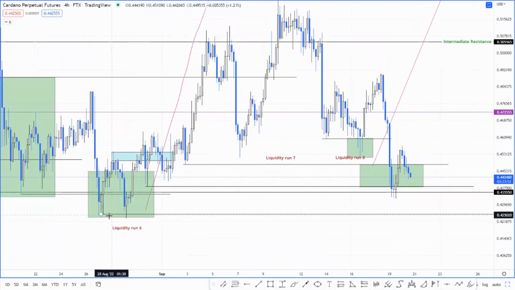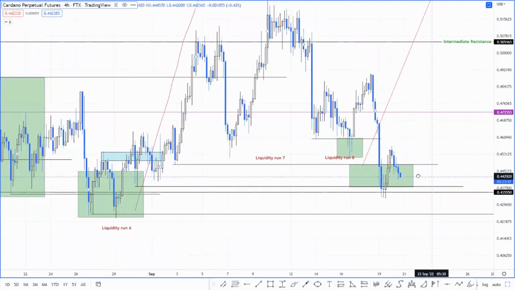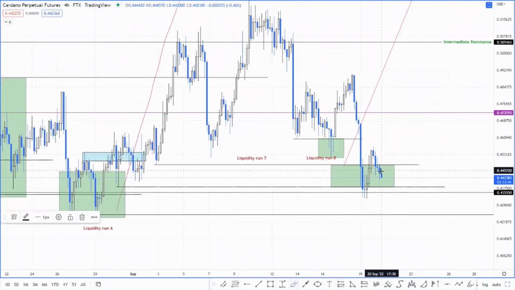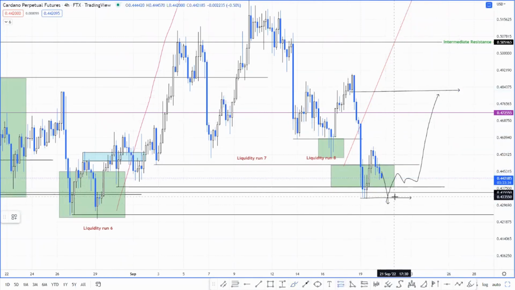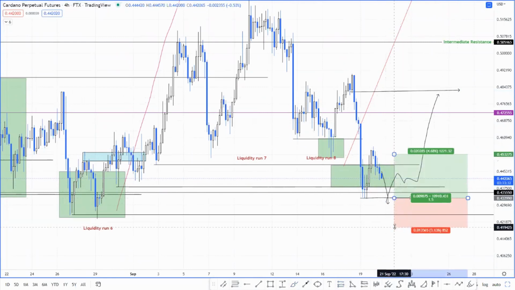Now, although there is a quick liquidity run here, I feel like, due to the FOMC, we could either do something like this, come back here, collect liquidity resting below these lows, recover, go up, and fill the FVG that is present up to this point. And this would be a really good setup, provided we get a good recovery above it. Very crude setup.